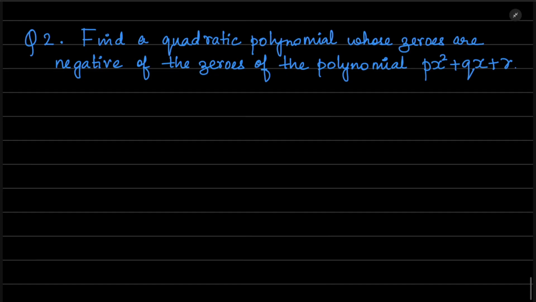Find a quadratic polynomial whose zeros are negative of the zeros of the polynomial px square plus qx plus r.